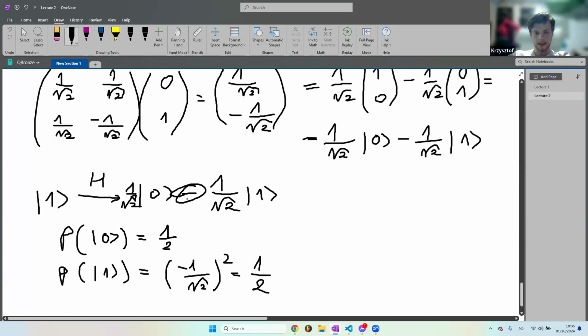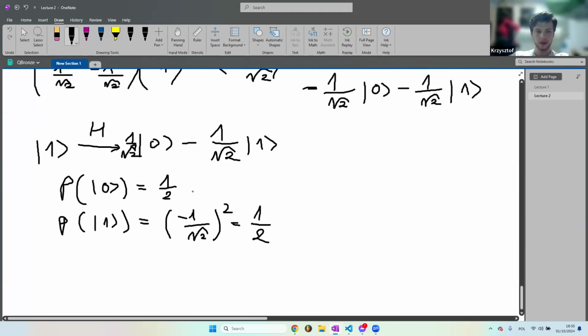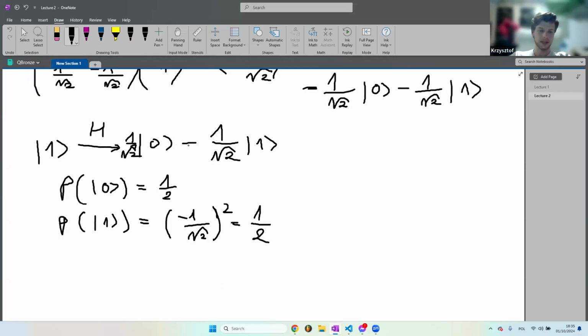The phase, this minus, will matter. But when we calculate the probabilities, we lose the information about the phase. So we are not able to measure the phase of the qubit. We cannot tell whether it's in state minus 1 or plus. We can only get the statistics of the qubit behavior.